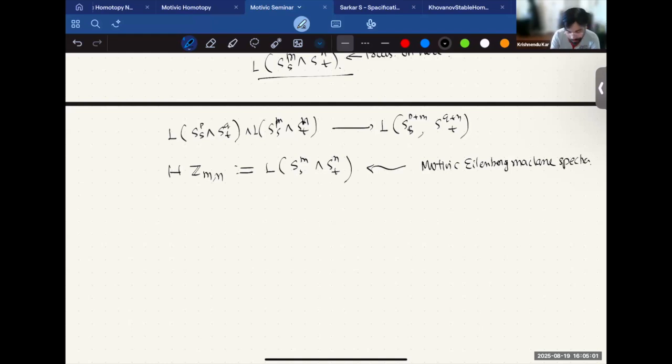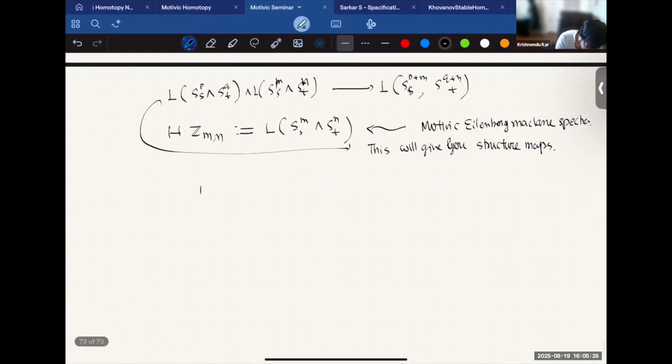You must be wondering where the structure maps are coming from. Structure maps are coming from here. This will give you structure maps. And in the paper, they show that your motivic cohomology can be computed from here.